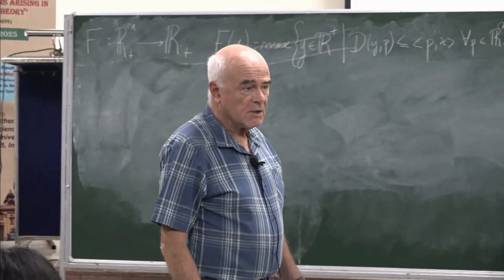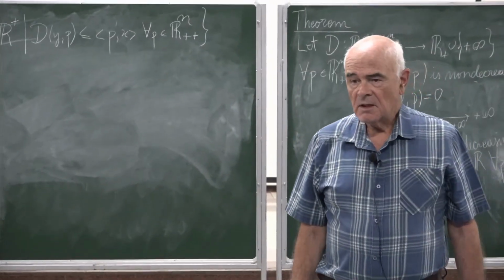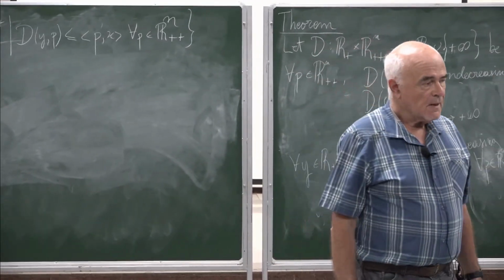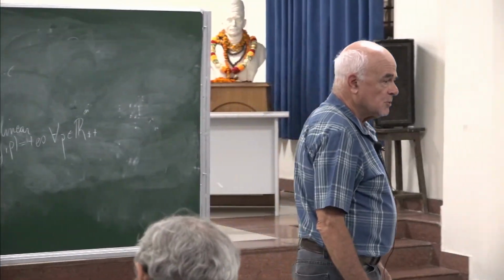It's quasi-concave, non-decreasing, and upper semi-continuous. But now we want to see that the cost function induced by this production function is precisely d.